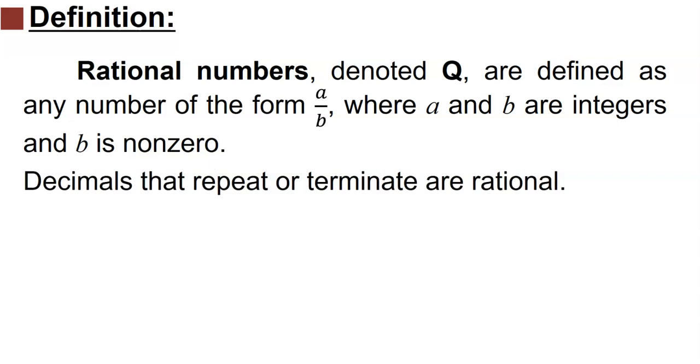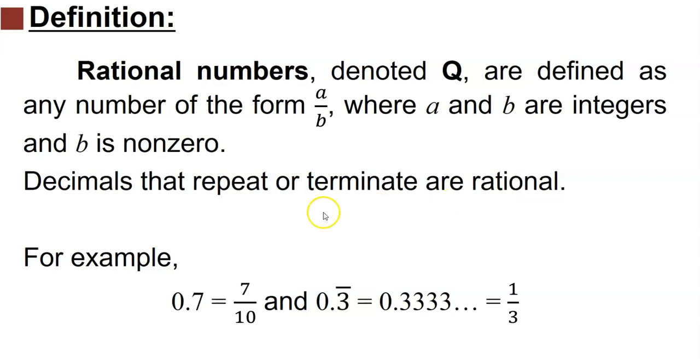We have decimals that repeat or terminate. They are also called rationals.